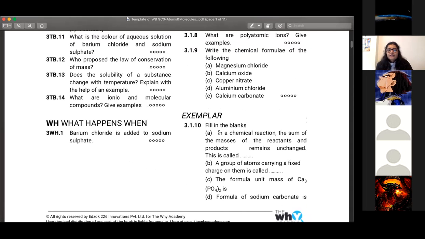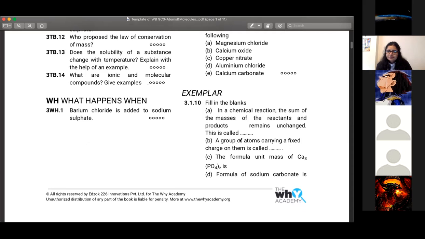Okay, fill in the blanks. In a chemical reaction, the sum of masses of the reactants and products remains unchanged. This is called what, Sujal? The others can send their answer over chat, but Sujal, this is your question.